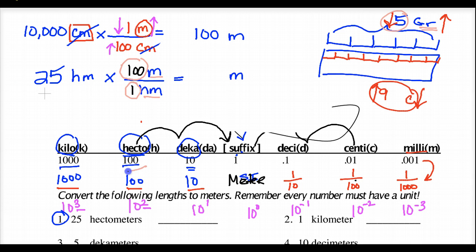It takes 100 meters to make a hectometer. And that's how you keep those things straight.